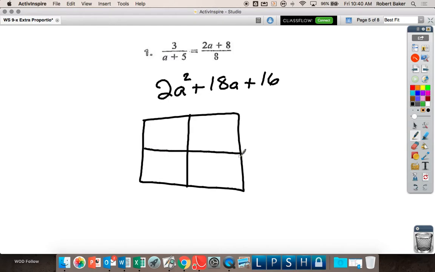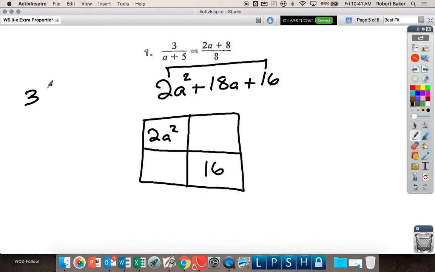2a squared goes in the first box. 16 goes in the bottom box. Now, to create the number that goes into the other boxes, this is the only intuitive step. You have to multiply these two numbers: 2 times 16 is 32.